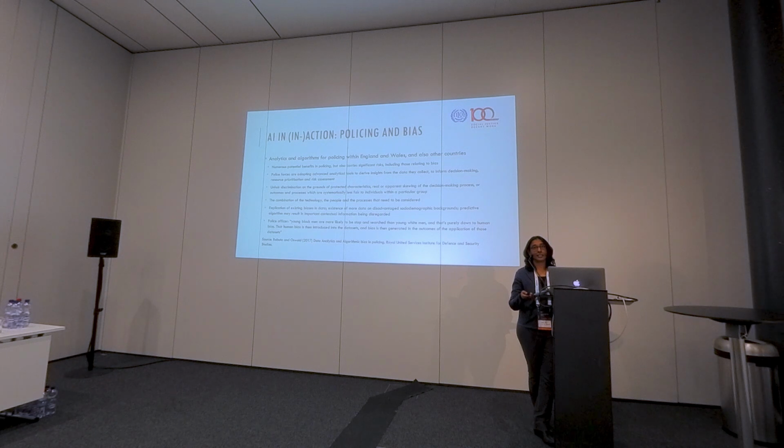Now, there is very clearly unfair discrimination that happens on grounds of protected characteristics, with real or apparent skewing of the decision-making process, outcomes and processes. It's a combination of tools, people, and processes that are considered in this entire decision-making. If biases already exist, what AI basically does is replicate that bias.